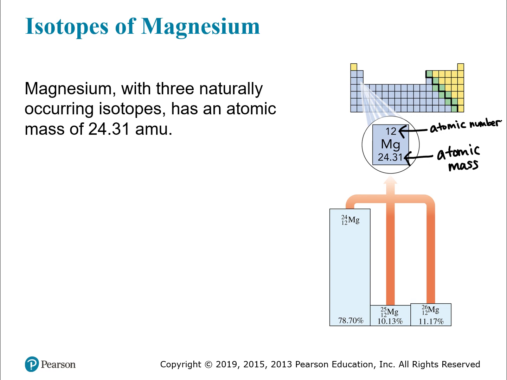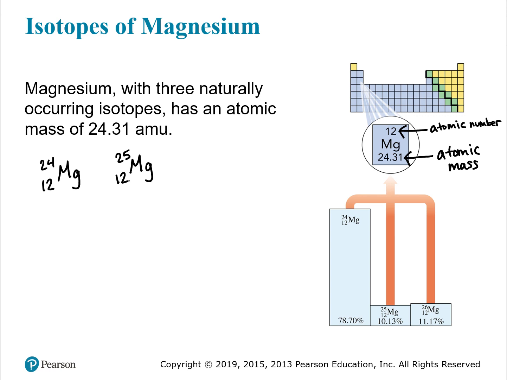If I wanted to write the isotopes of magnesium using atomic symbols, well, we already know Mg 24, 12, but we also have an isotope with 25 as a mass number.